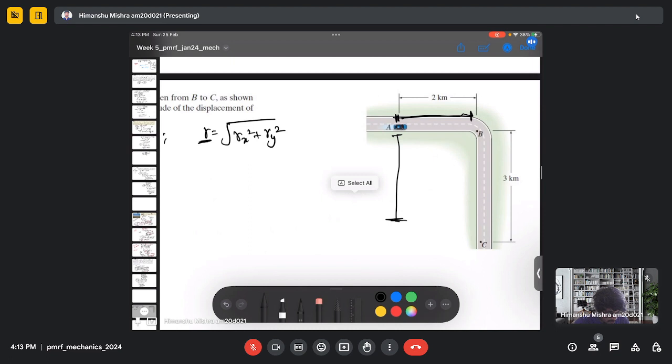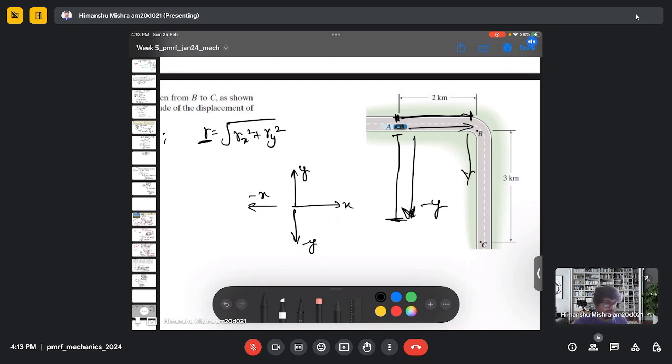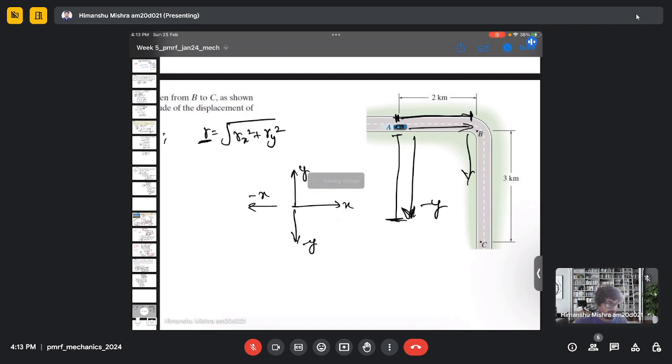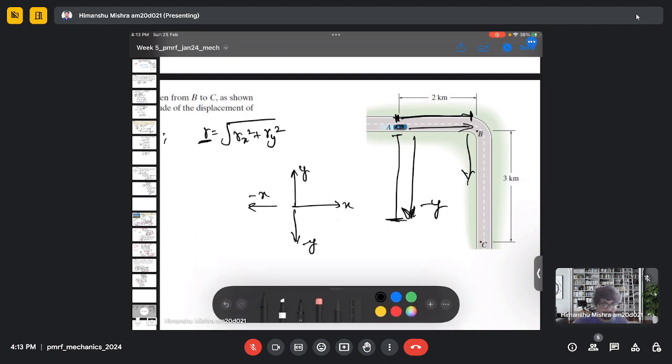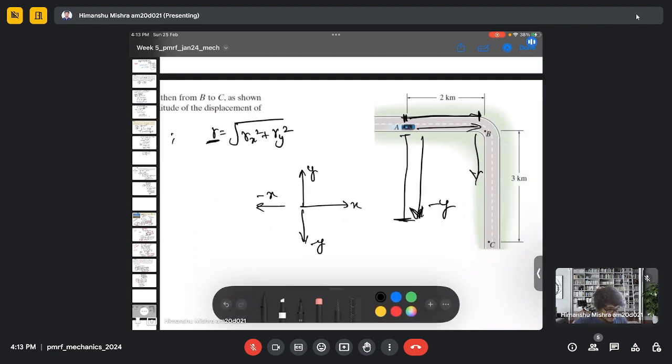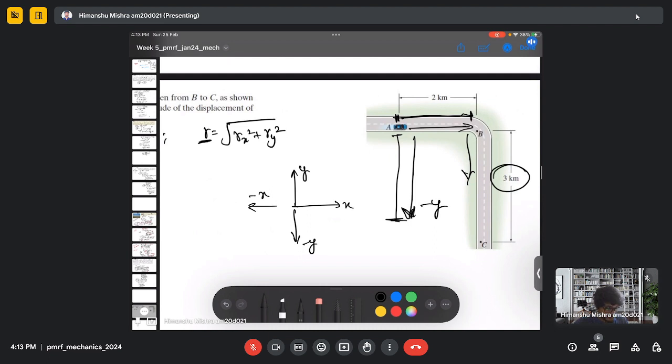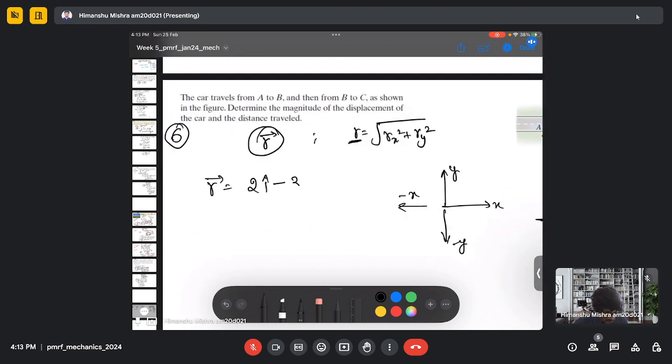So let me define the coordinate first. So this is my positive x, this is my positive y, this is negative y, and this is negative x. And here it is defined in the direction of negative y. Because the car will turn right, it will turn in the direction of negative y from point B. And the magnitude is 3 km. So it will be minus 3j.